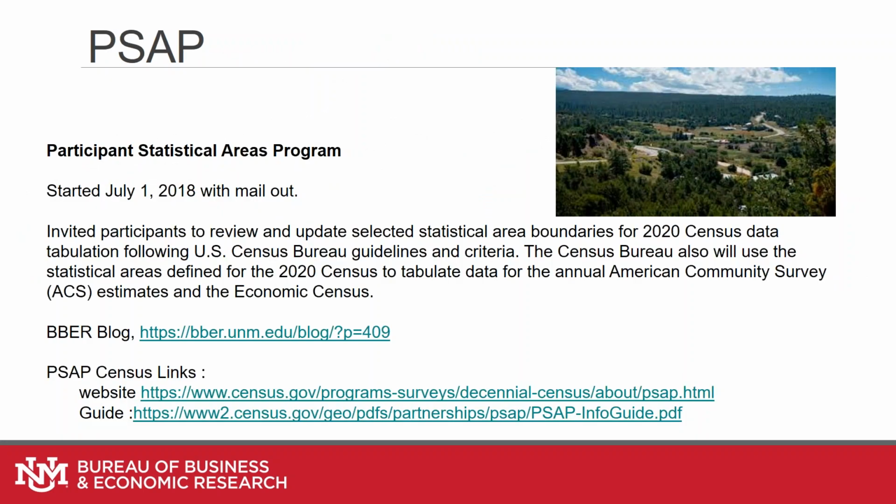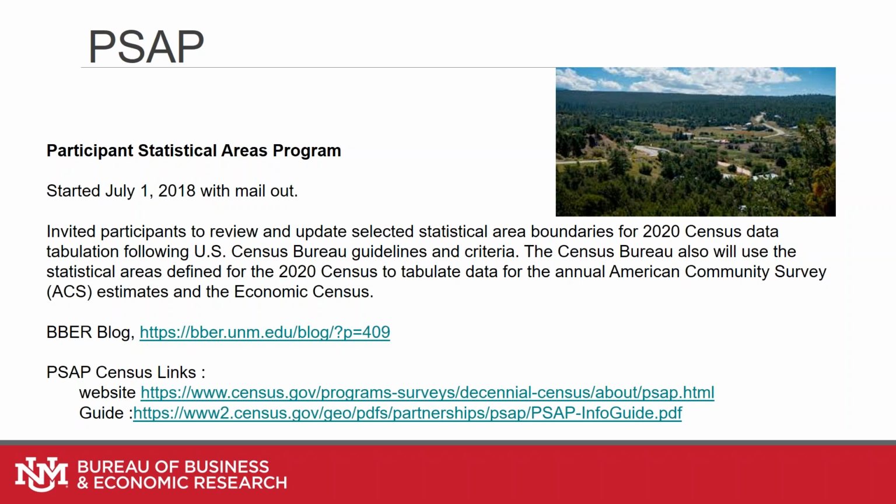So one of the big programs that runs out ahead of a decennial census, and it only happens once every 10 years, is called the Participant Statistical Areas Program. If you ever wondered how small communities that are not incorporated were on the pull-down list when you're trying to select your geography, this is the program that they participated in.